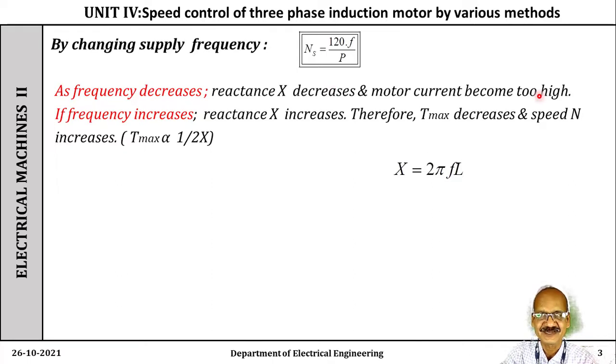And if the frequency increases beyond a certain limit or range, the reactance increases, and therefore the torque decreases, because the maximum torque is inversely proportional to the reactance. As the reactance increases, the torque decreases, and as the torque decreases, speed decreases.